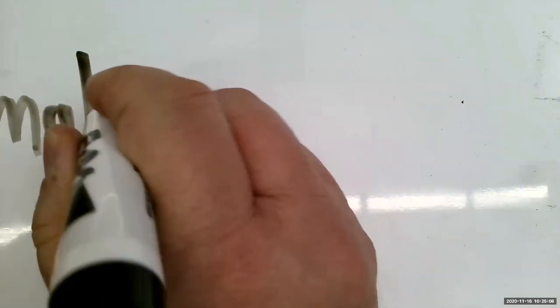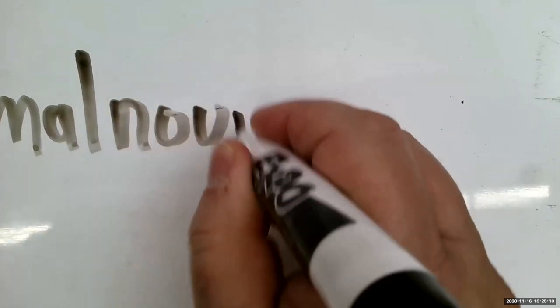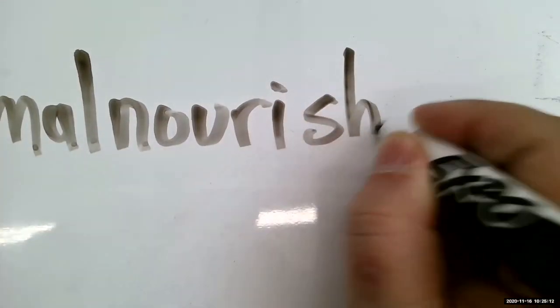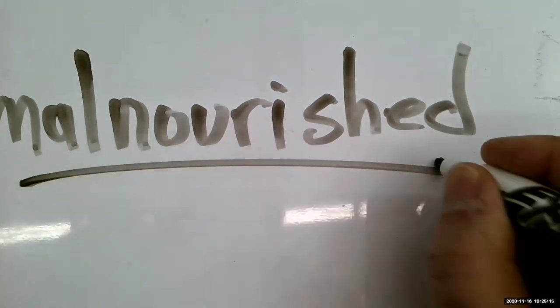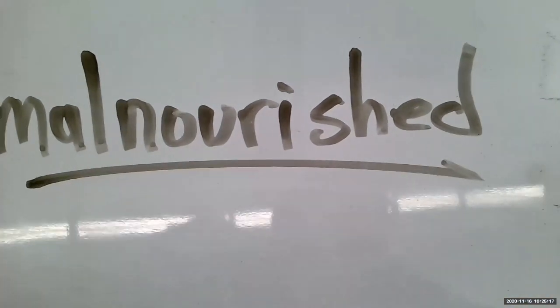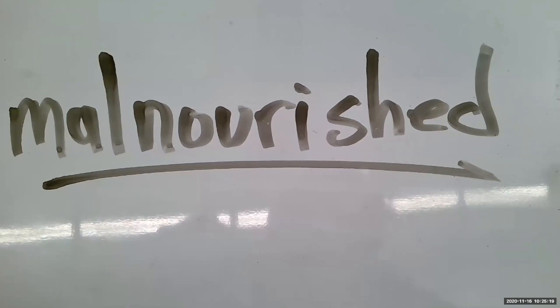The next word we want to look at is a big word. I'm not going to tell you what it means yet, but I want you to pay attention to it and be aware of it. It is malnourished.